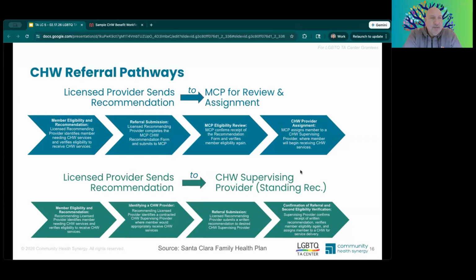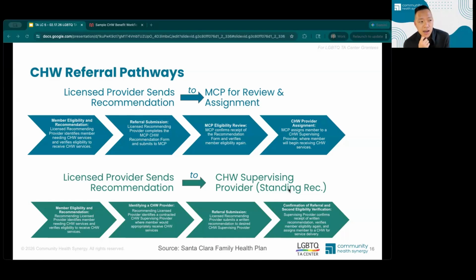So we'll zoom out first in terms of referral pathways. This is just generally zooming out. There are a couple pathways. In the top pathway in blue, you have a licensed provider who identifies a member who they think CHW services are medically necessary.